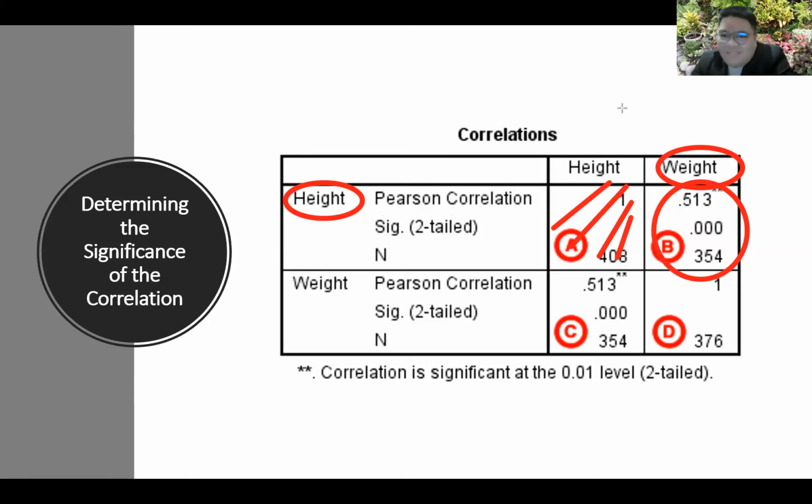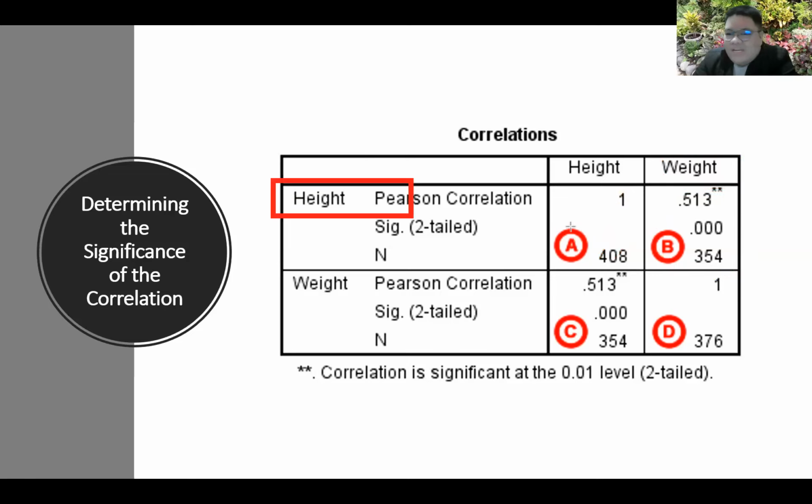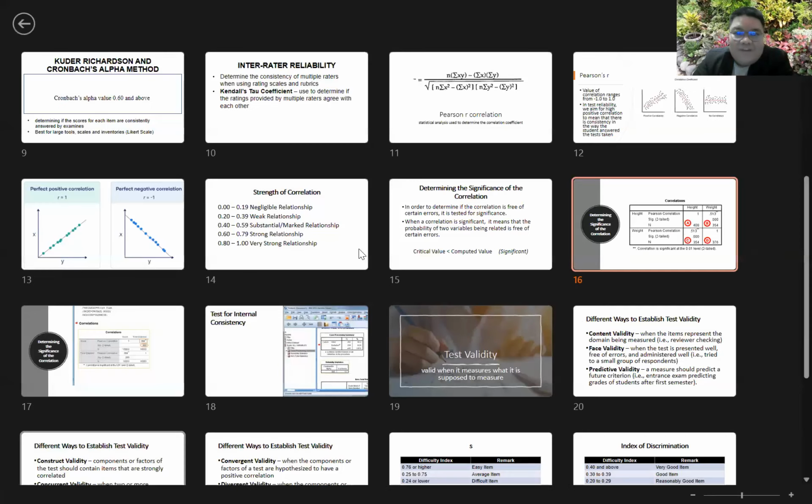Now class, looking at the relationship between height and weight, we can see that the Pearson correlation is 0.513. So what if the Pearson correlation is 0.513?